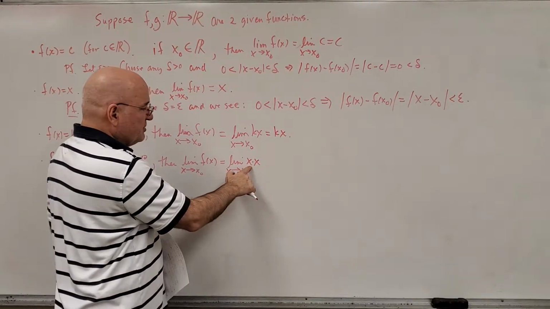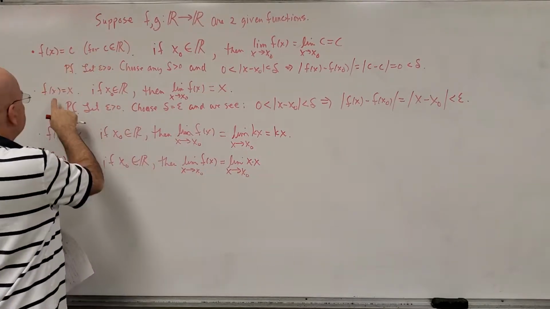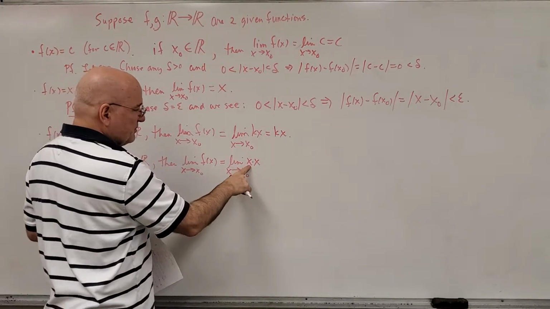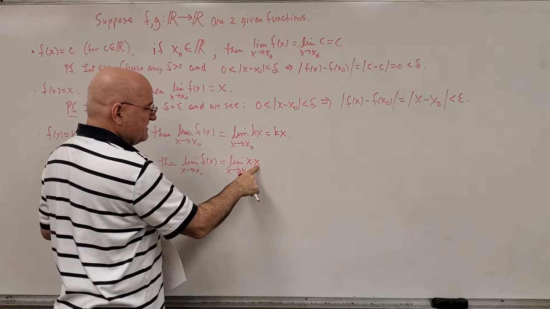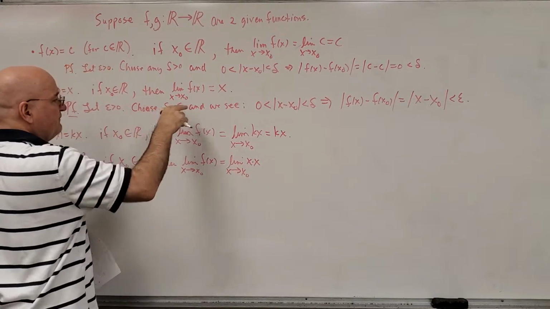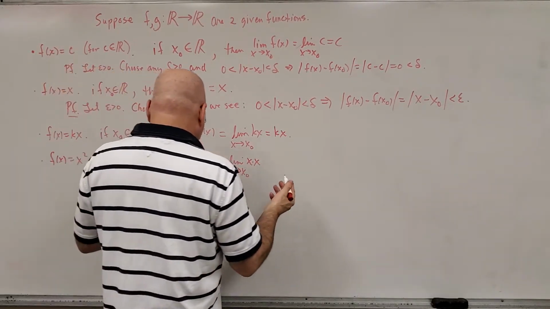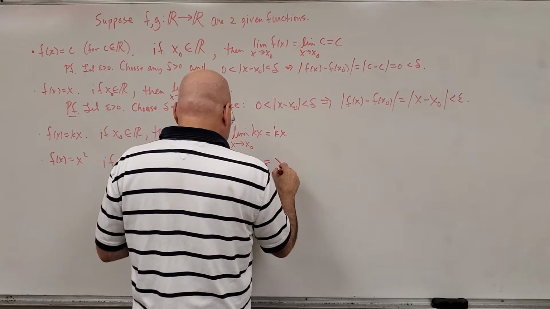One convergent function times the other convergent function. Think of this as being this first one, f of x equals x, and this one, g of x equals x. Both of them converge to x. Therefore, this is equal to x squared.